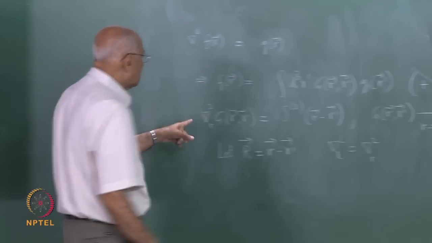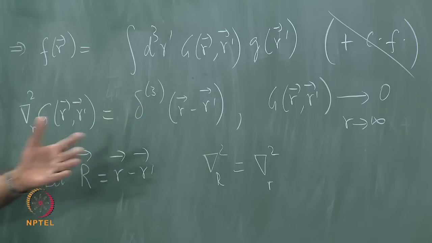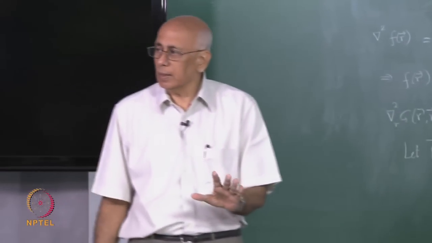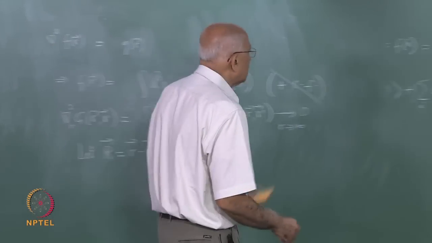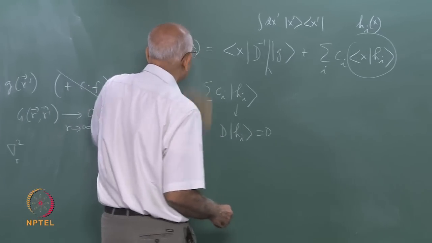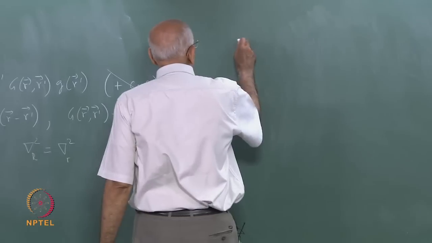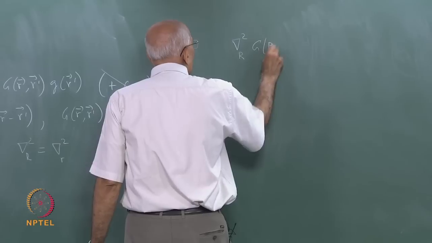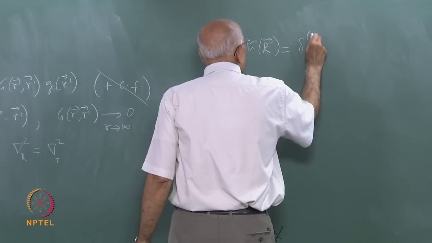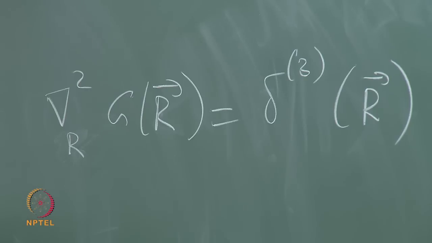The operator is translation invariant, the inhomogeneous term is translation invariant, and so is the boundary condition. So we can assert that the solution is also translation invariant. So we have to be careful. The equation we have to solve is del r squared g of r equal to delta 3 of r. That is the equation we have to solve.